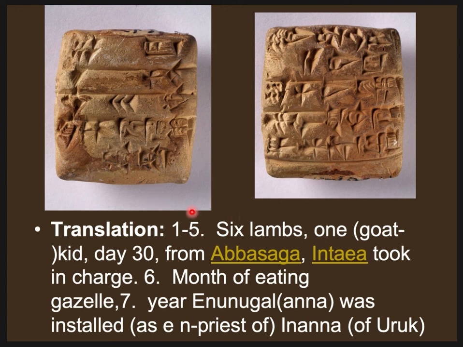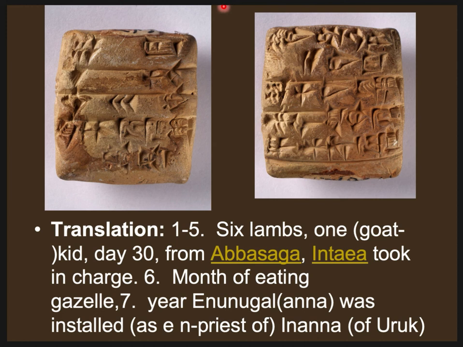So 6 lambs, 1 goat kid from this person. He took charge during this month in the year. This is how they did years in Mesopotamia. They didn't have a numerical yearly calendar. They had months, but they didn't say, oh, this is year number 1500. They would say, this is the 6th year of so-and-so installed as the king, or so-and-so installed as the priest.